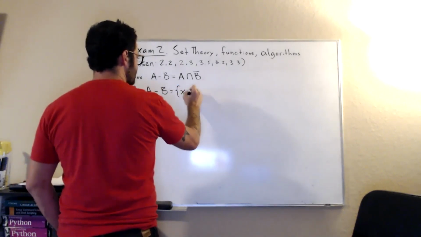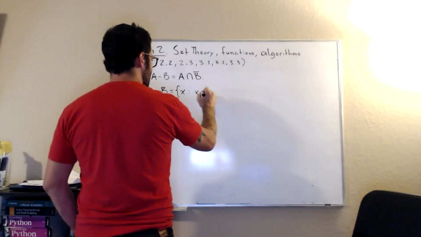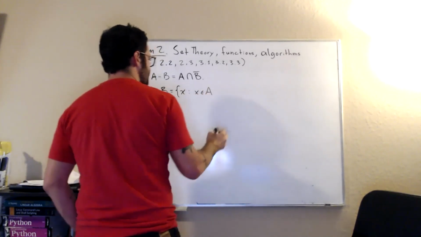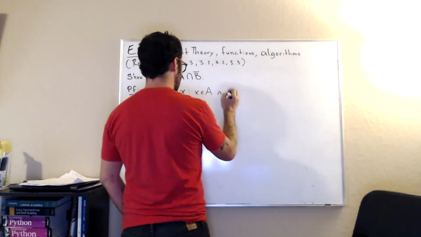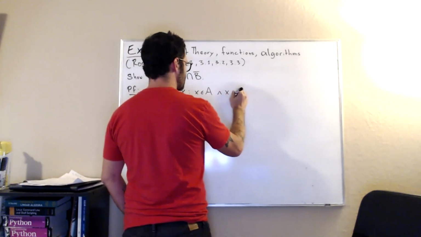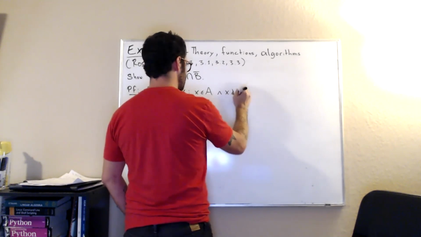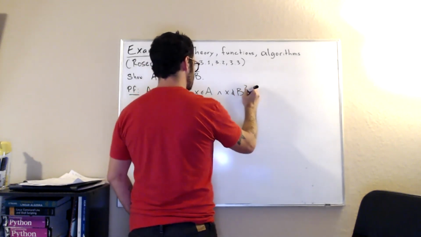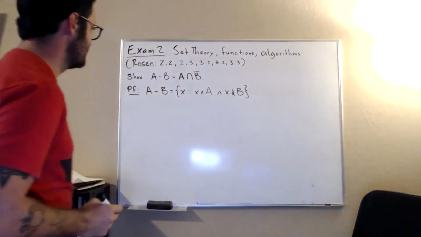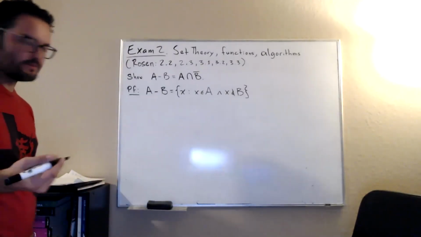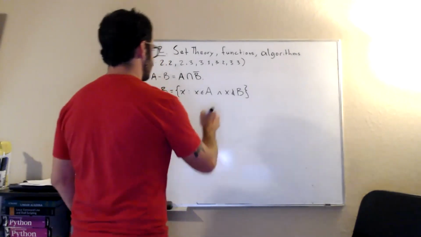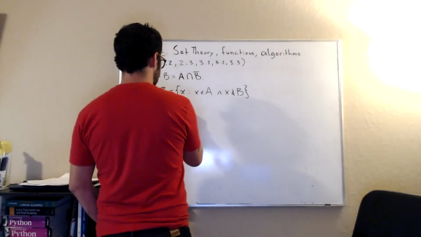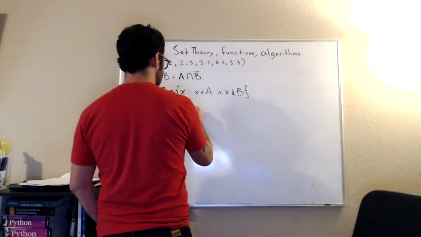It's a set of x such that x is in A and x is not in B. This is a fairly simple one because if x is not in B, then x is in B complement.